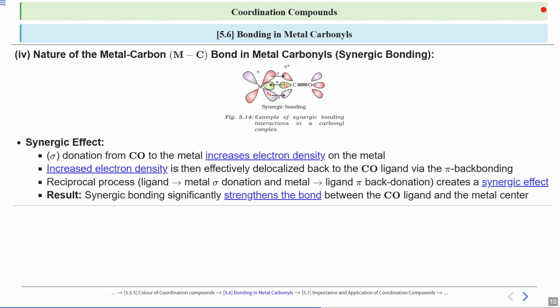The result is that synergic bonding significantly strengthens the bond between the carbonyl ligand and the metal center.